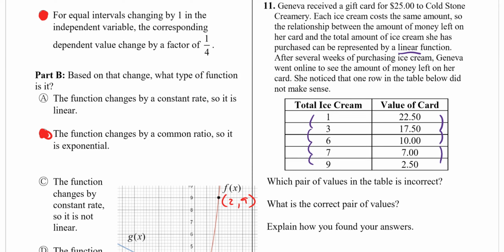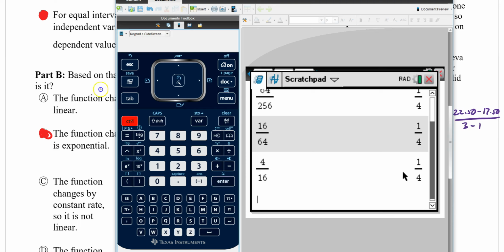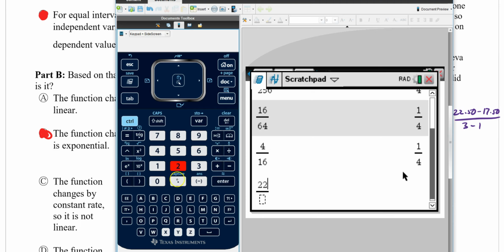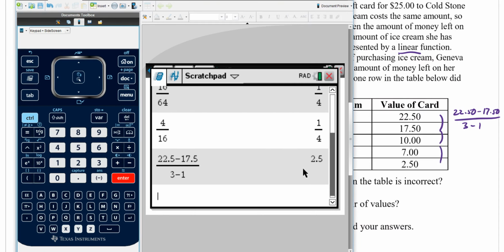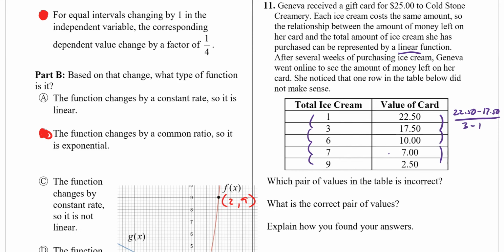So if I look at these first two, 22.5 minus 17.5 over 3 minus 1, I get a change of 2.5. So I'm changing $2.50 for every ice cream purchased.